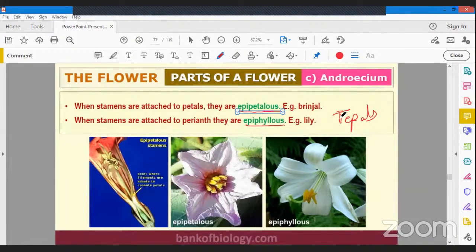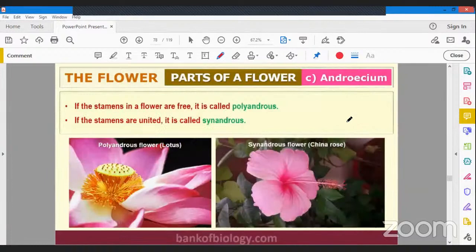Done. So let's go to the next part. Look, if the stamens of the flowers are free, then it is called polyandrous.